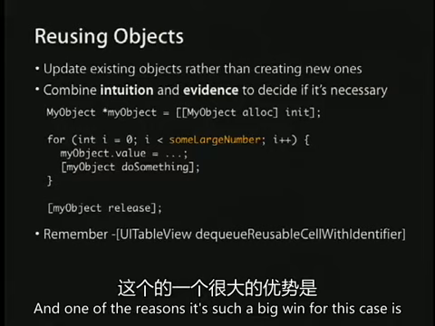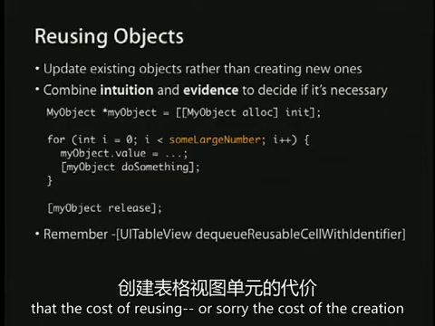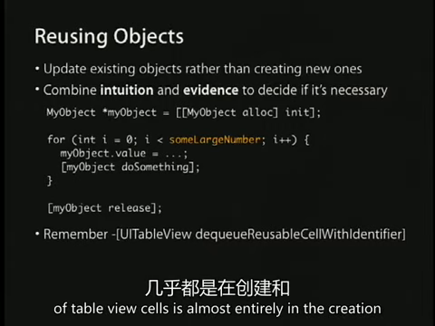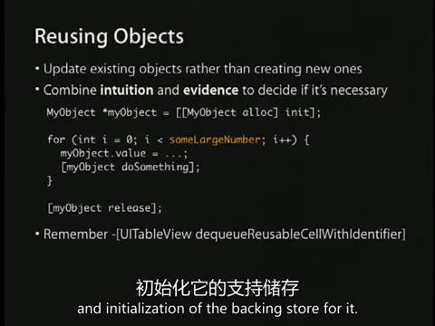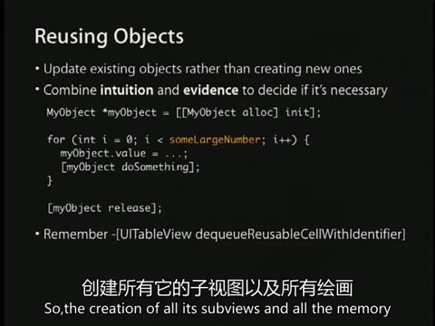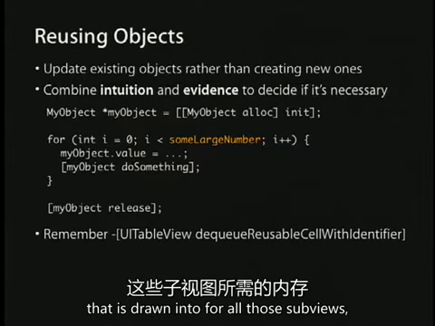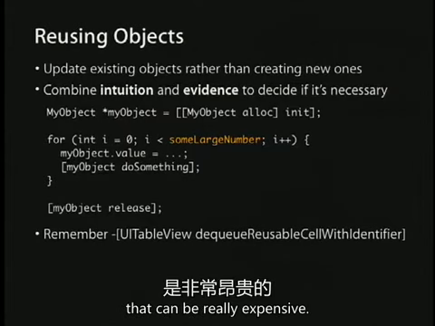And one of the reasons it's such a big win for this case is that the cost of the creation of table view cells is almost entirely in the creation and initialization of the backing store for it. So the creation of all of its subviews and all of the memory that is drawn into for all those subviews, that can be really expensive.